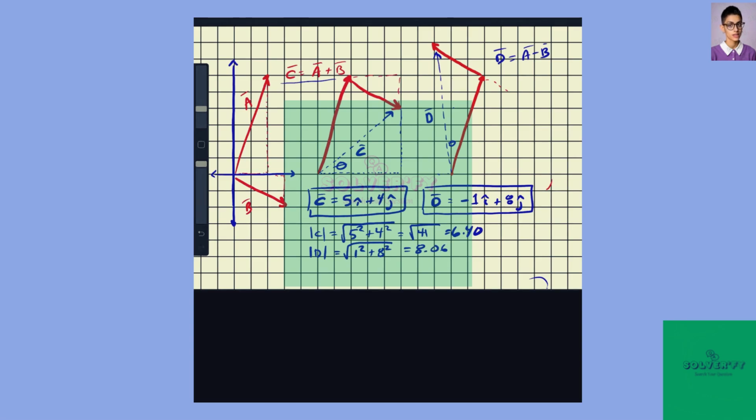And for C, it's going to be a little bit easy. It's basically the y divided by the x. And so theta of C is going to be equal to the inverse tangent of y over x. So the inverse tangent of 4/5, plug it into the calculator, is 38.7 degrees.